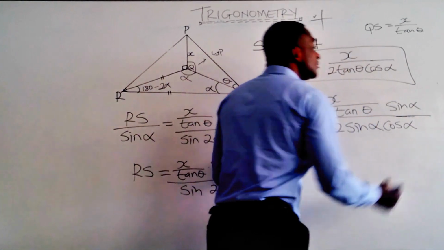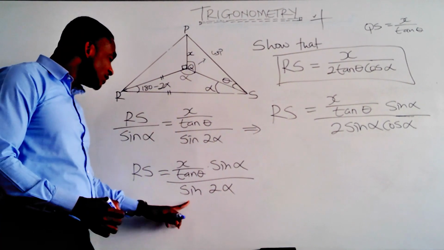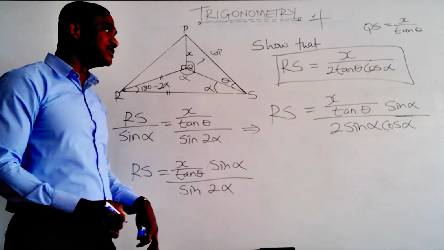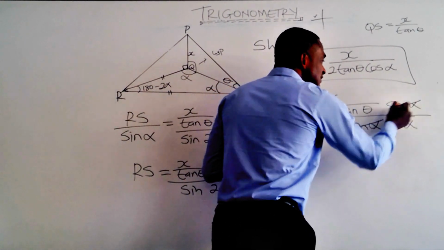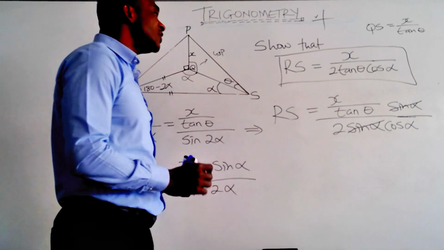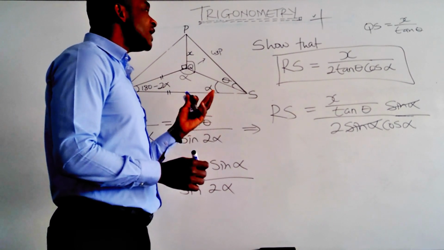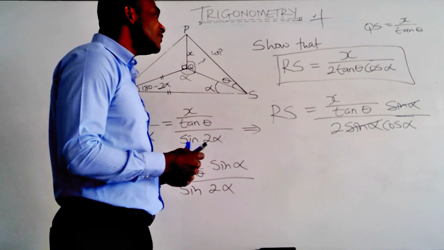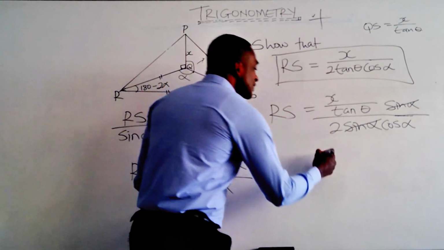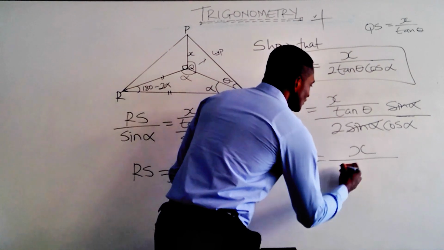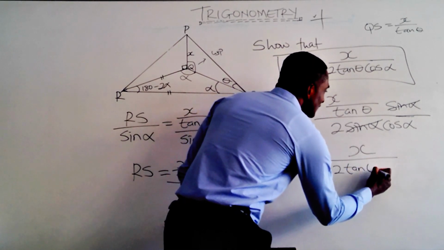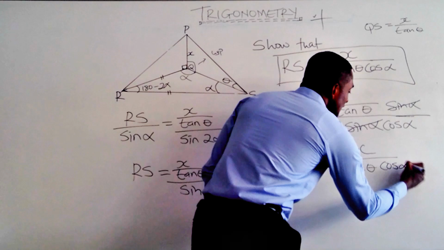That's the double angle identity. So sine alpha cancels out sine alpha. We have x over tan theta divided by 2 cos alpha. If we simplify, that gives us x over 2 tan theta cos alpha.